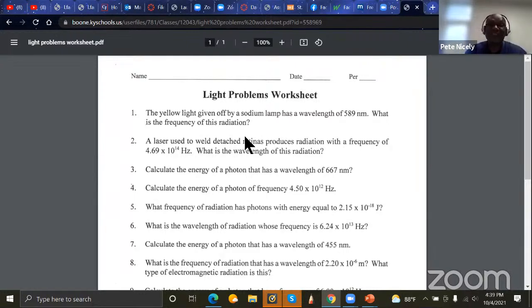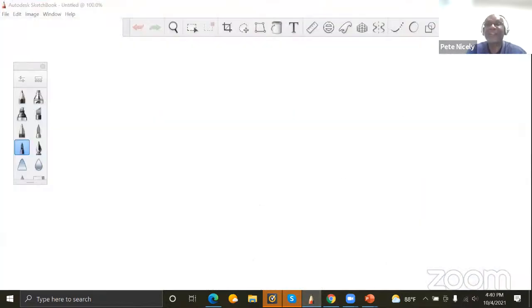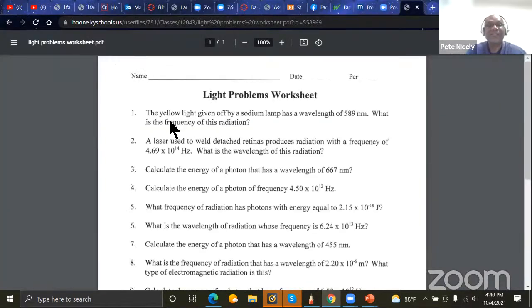Okay, so let's deal with this first question. It says the yellow light given off by a sodium lamp has a wavelength of 589 nanometers. What is the frequency of this radiation?